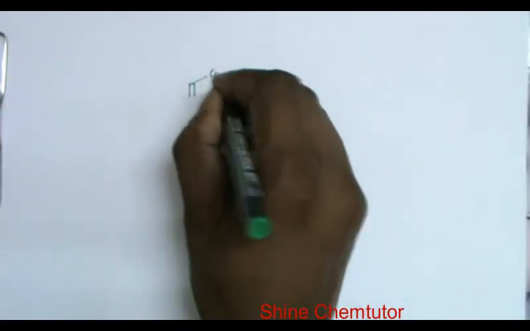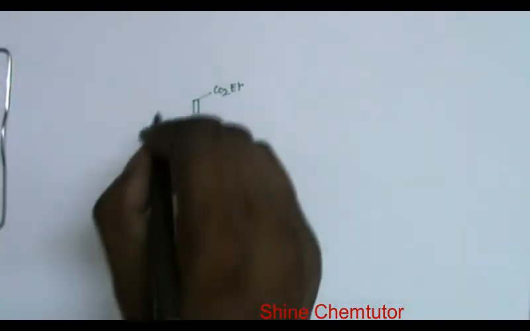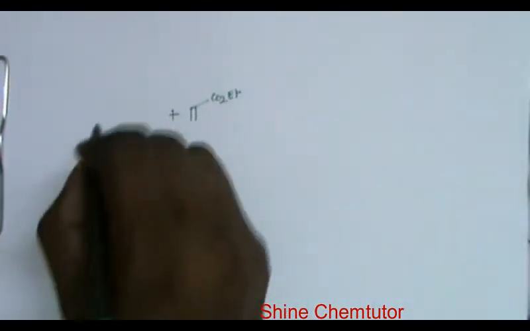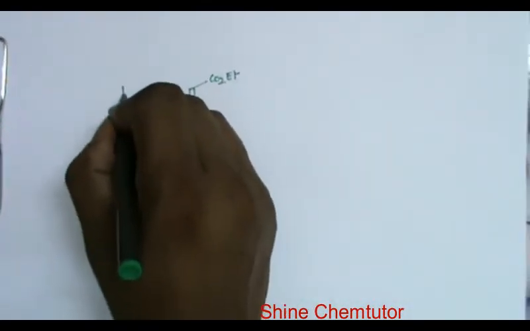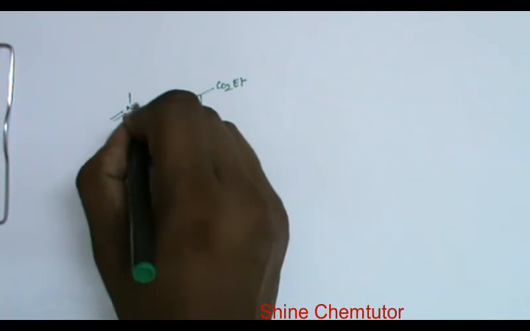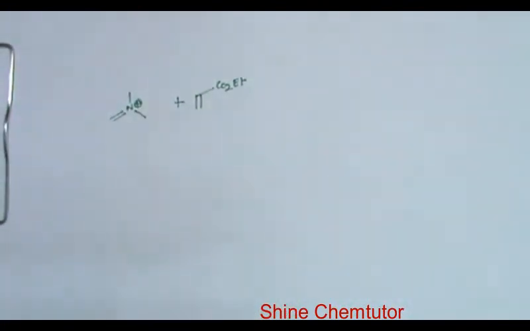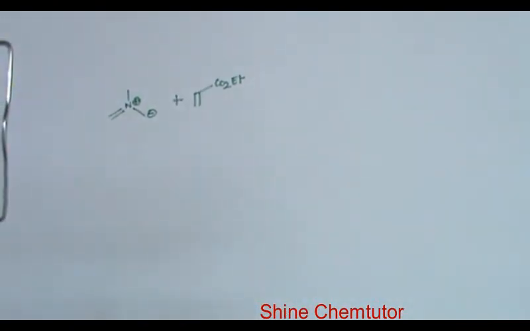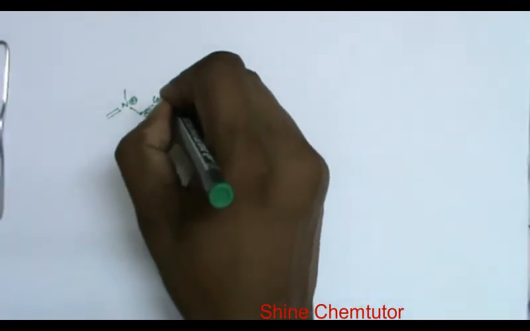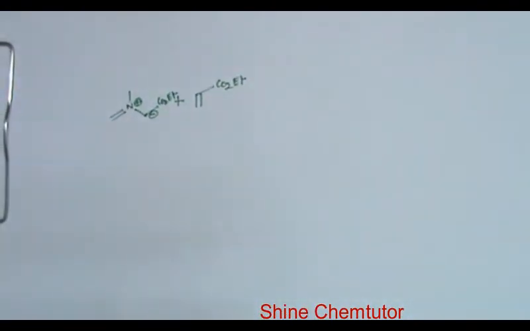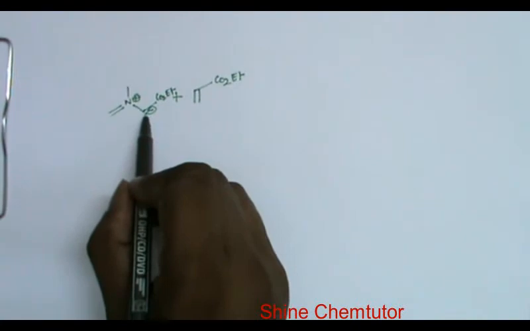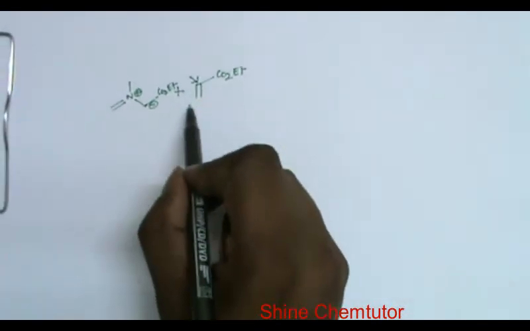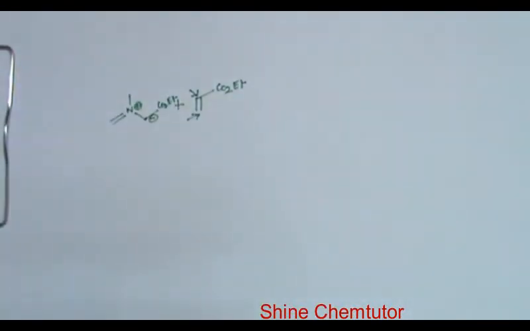Suppose I add an electron withdrawing group to the alkene, and to this I add azomethine ylide. Say I have a minus charge here. In order to differentiate, I go for this one. Now whether this minus charge will attack here or here, it is very simple.